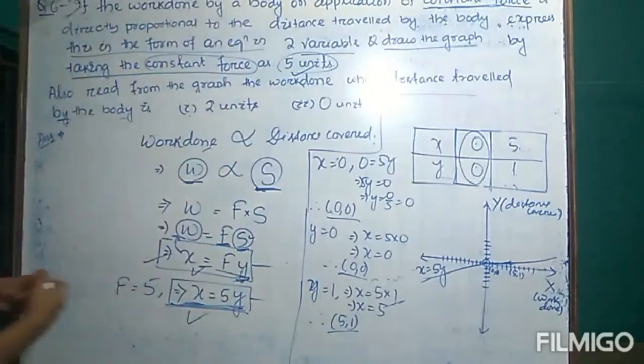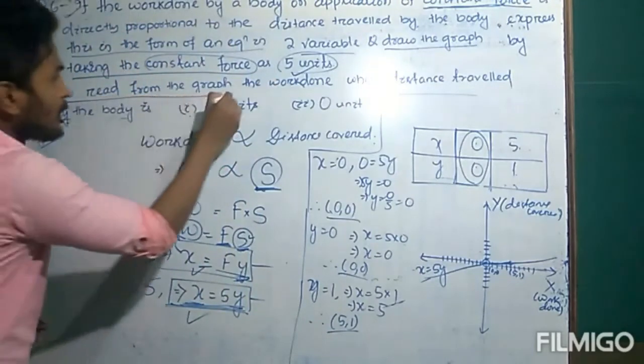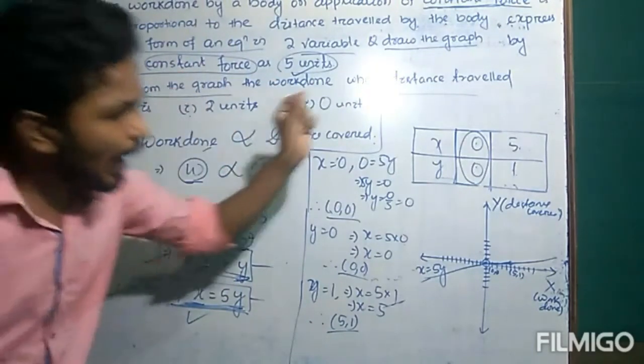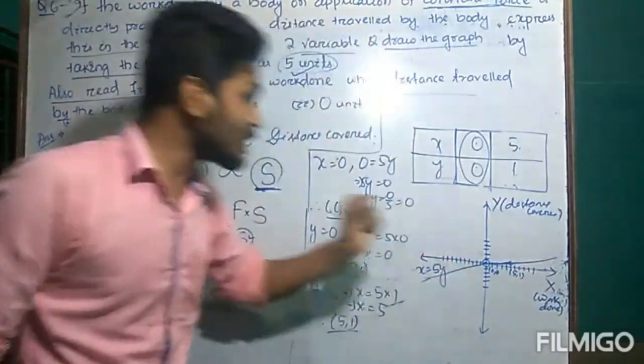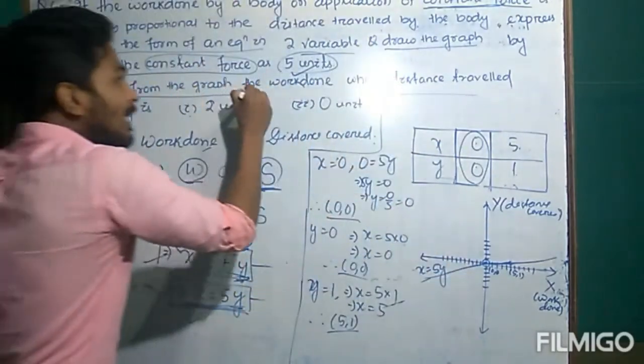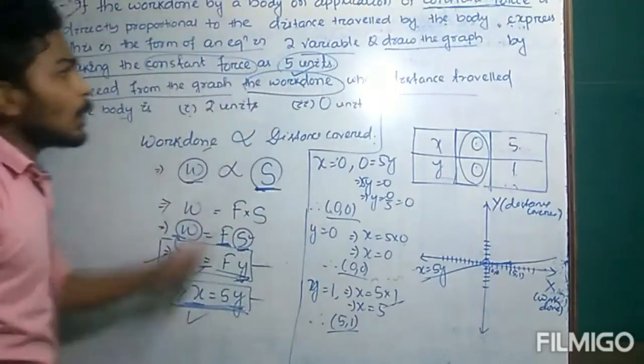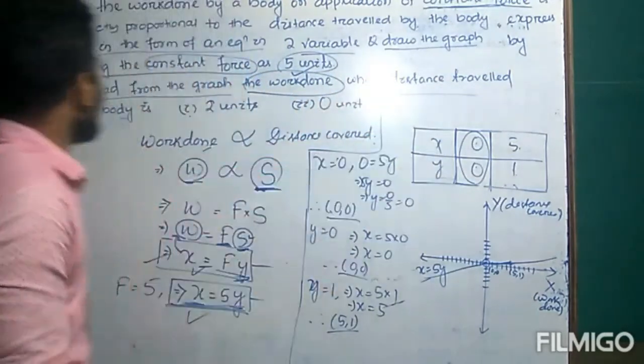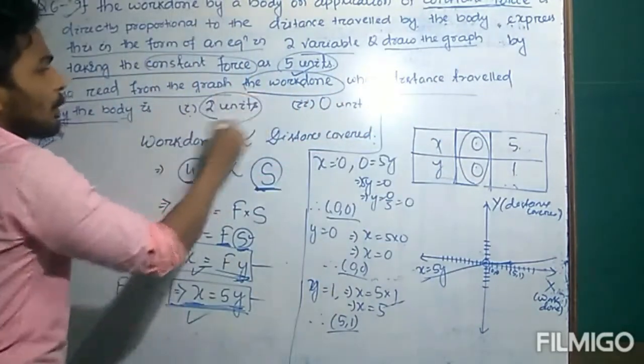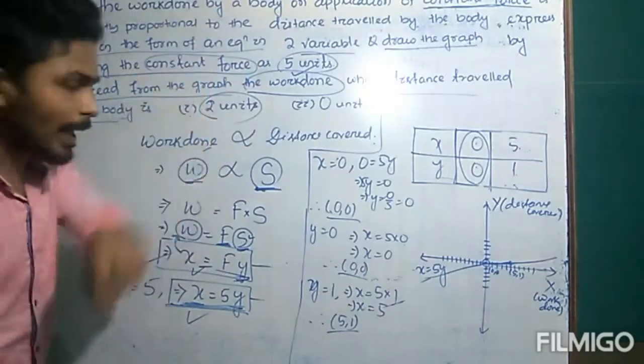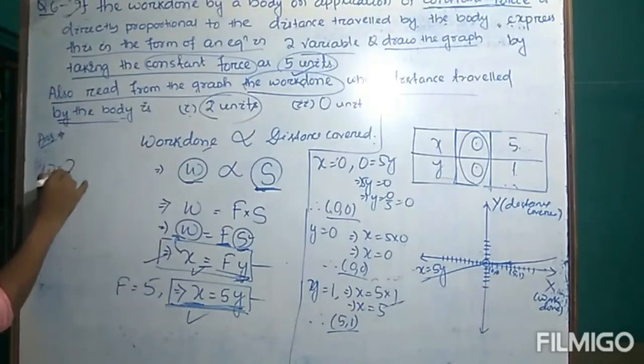Next thing, also read from the graph. That means you have to analyze this graph and find out the work done when the distance traveled by the body is 2 units. You have to find out the work done.